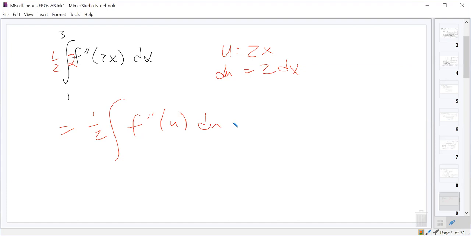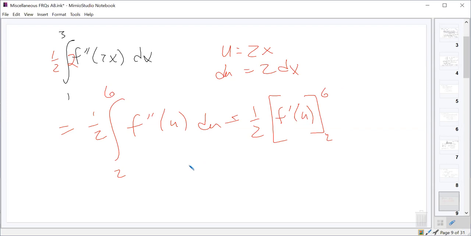And what are our limits now? They're no longer 1 and 3. They become 1 times 2. And they become 3 times 2. Everybody good there? Don't forget to change the limits. We now have 1/2 of f prime of u from 2 to 6.